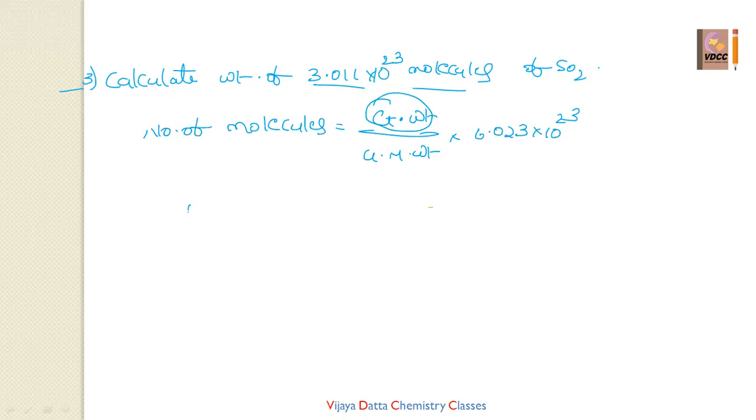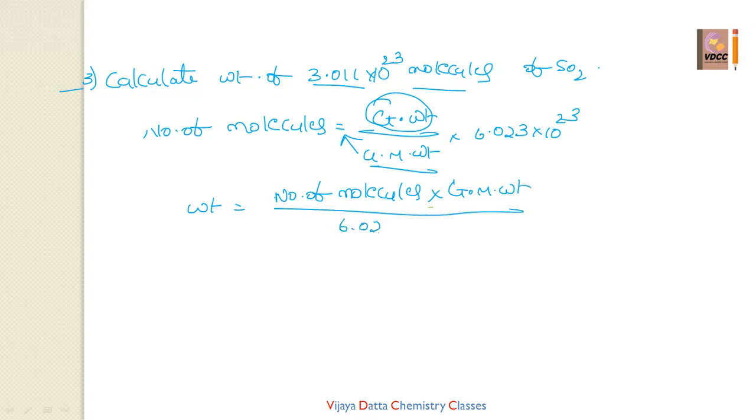So I want weight, then I'll convert this formula: weight equals number of molecules into gram molecular weight by Avogadro number, that is 6.023 into 10 to the power of 23. The number of molecules given is 3.011 into 10 to the power of 23, into the molecular weight of SO2.